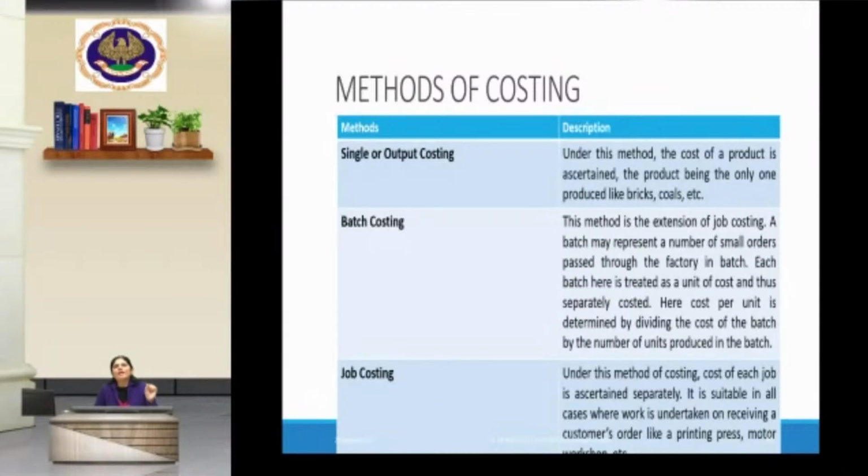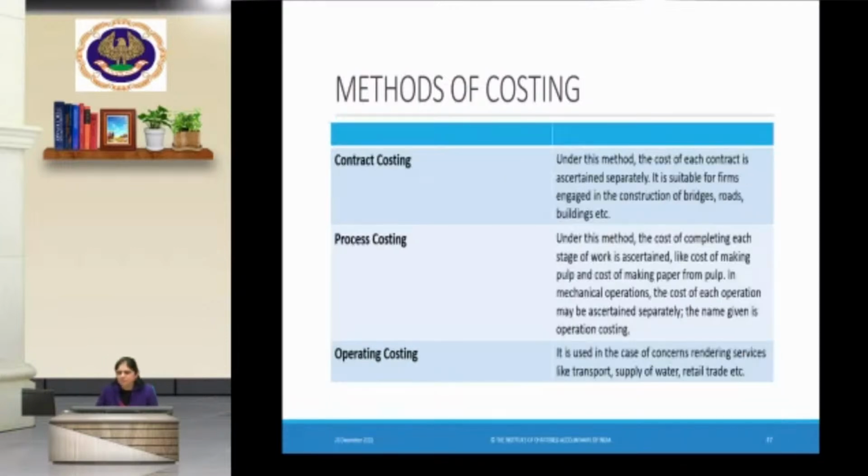The cost of 1,000 invitation cards will be, let us say, 5,000, and I have asked for rupees 10,000. So the cost will be ascertained for one particular job. I will tell my client that for 1,000 invitation cards the price will be 10,000. So again, in one job, many units of a product can be there. Per job means per order, per customer order.